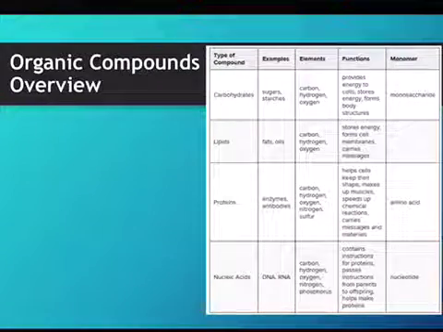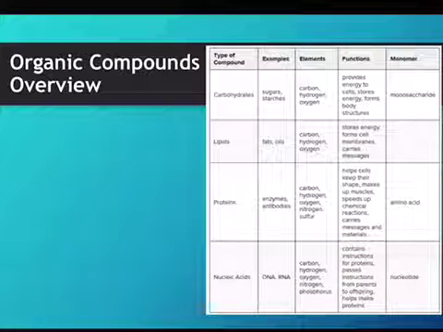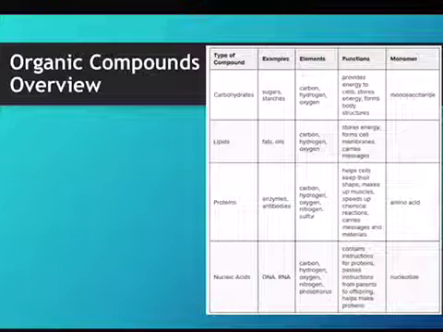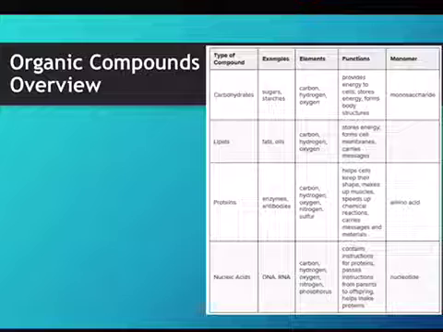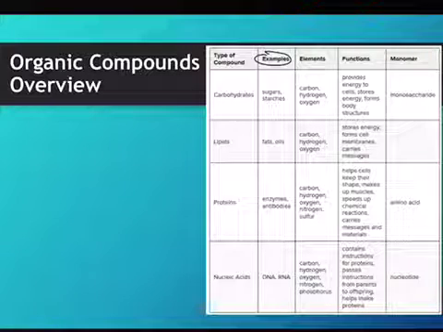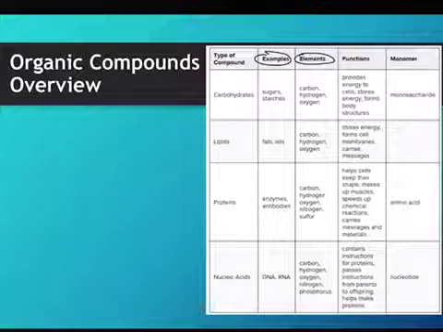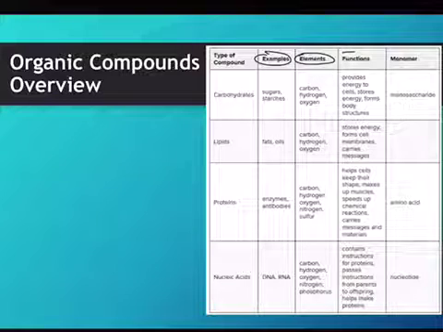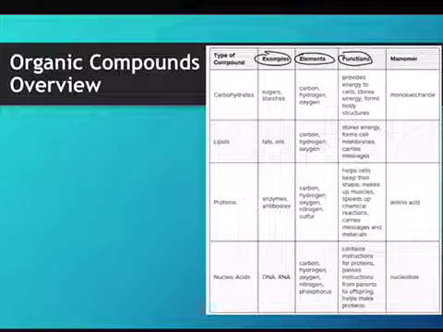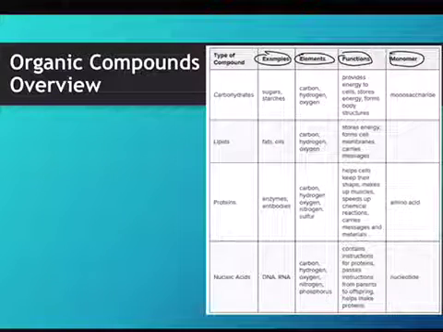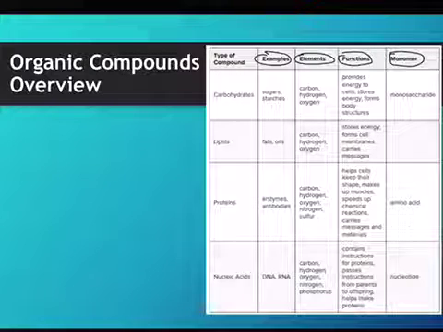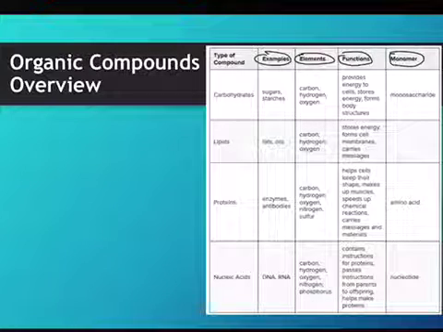So this table right here gives you a really good overview of the 4 types of organic compounds. It gives you the examples, the elements found in each of these types of compounds. It gives you their functions, and it tells you what their single smaller molecules that join together are.